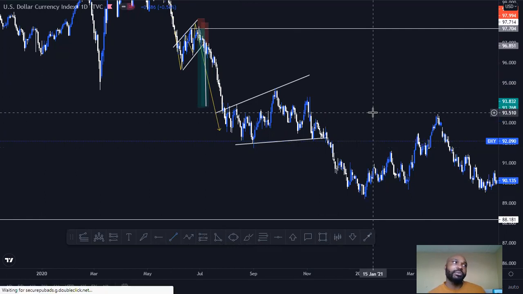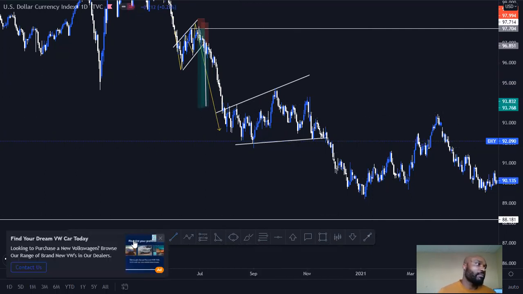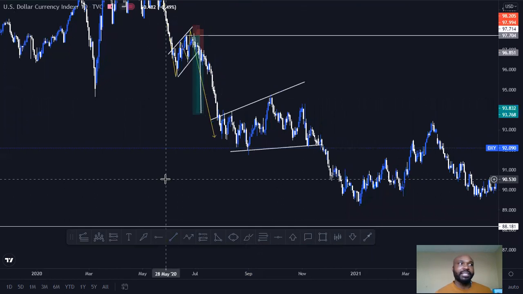So I'm gonna make another video where I can explain about other patterns that we're looking for, which is the inverse head and shoulder, the head and shoulder pattern, the expanding triangle, the falling wedge, the rising wedge.